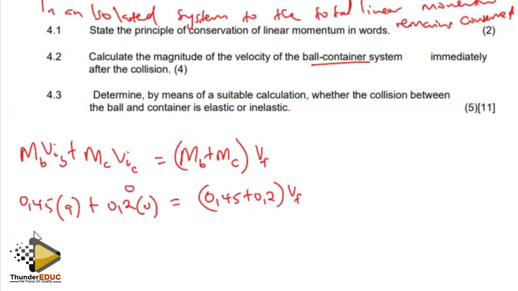Then I'll be left with 0.45 times 9, which gives me 4.05, equal to 0.65 VF. Then divide both sides by 0.65, that cancels, so my VF is something like 6.23 meters per second.